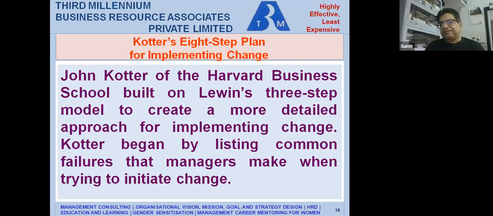So the simple logic is, if these are my failures, if I can somehow overcome these, I will be successful. Right? That's pretty basic. But the clarity of thinking that Kotter showed, and he has shown it in everything that he has done, huge clarity in his thought process. The way he has brought out the differences between management and leadership is also amazing.